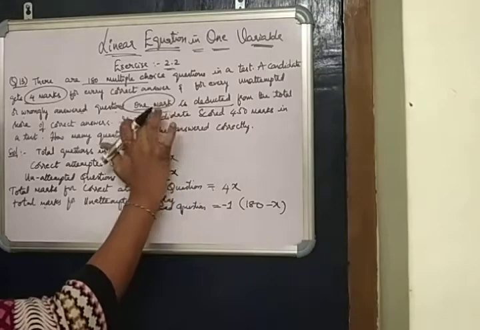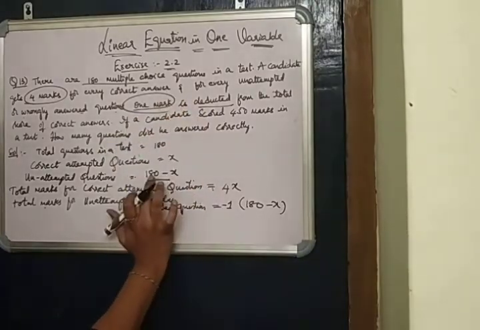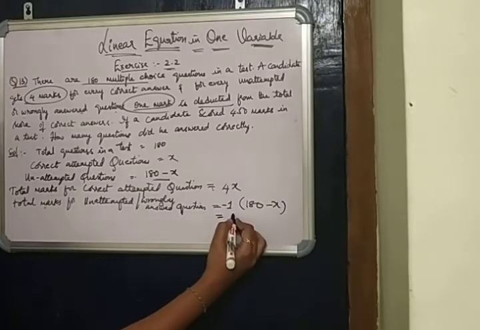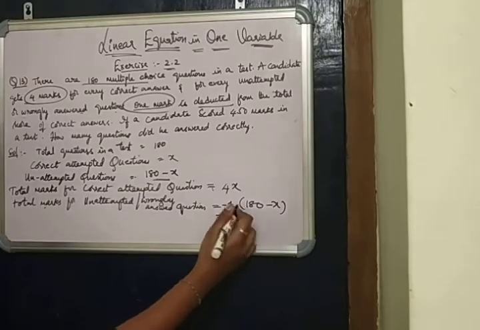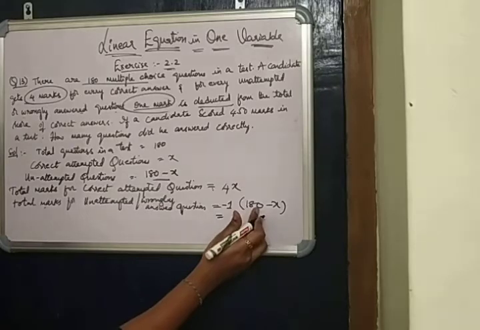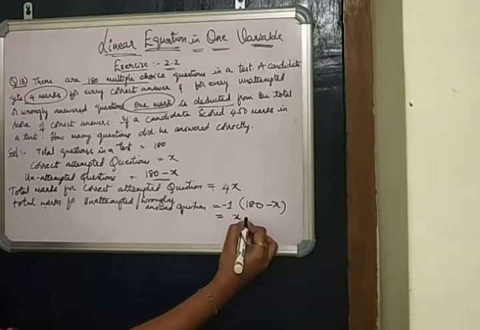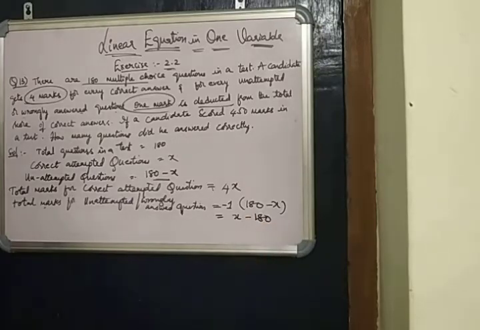Minus 1 into 180 minus x. We have to simplify it: minus 180, minus of minus x becomes plus x. So x minus 180.